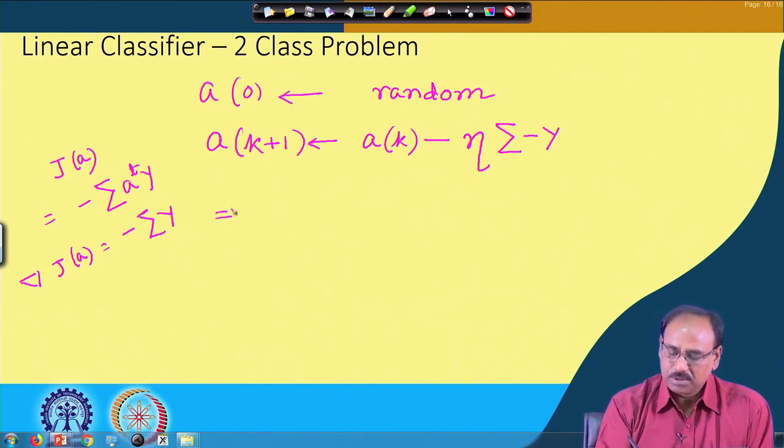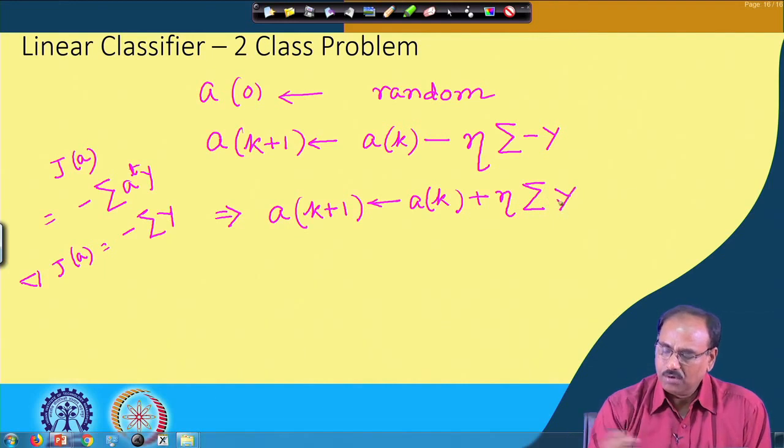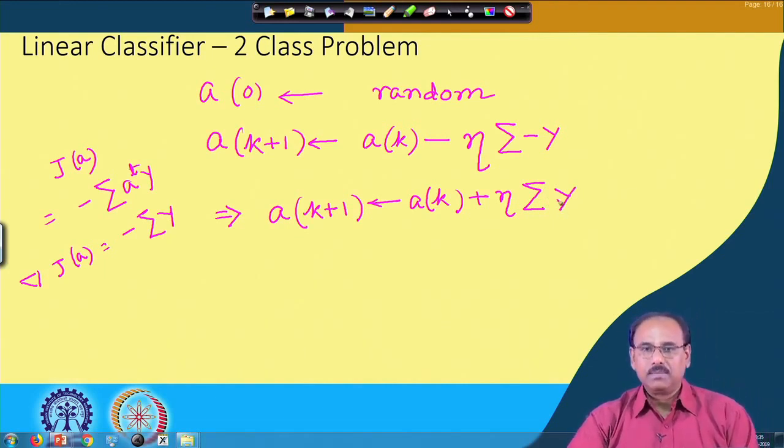So, that simply becomes my weight updation rule or vector updation rule: A k plus 1 is the same as A k plus eta times the sum of y for all y which are misclassified. And you remember that this feature vector y is as it is for the samples taken from class omega 1, and y will be negated for all the vectors taken from class omega 2.